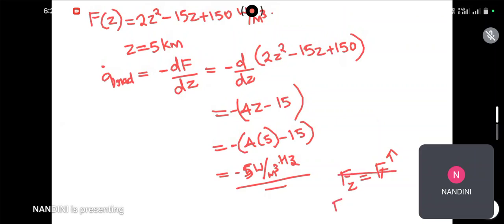In case of solar heating, F of z is just F incoming; F outgoing is 0. Whereas in case of longwave radiation, it is the net, F incoming minus F outgoing. Both come into picture. So it is a bit more complicated in case of longwave radiation, whereas in case of incoming solar radiation, it is F incoming only.